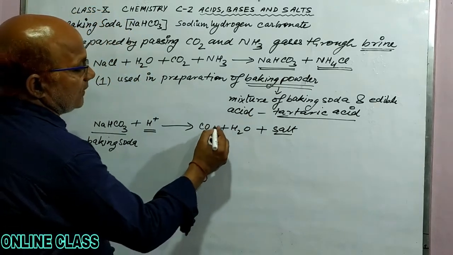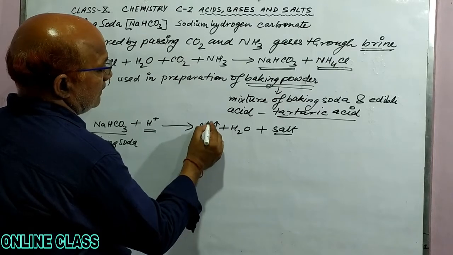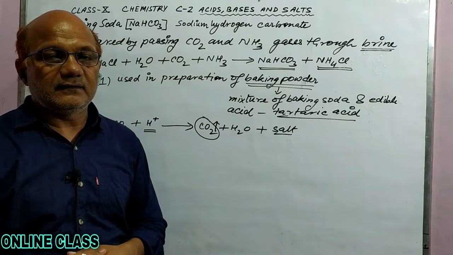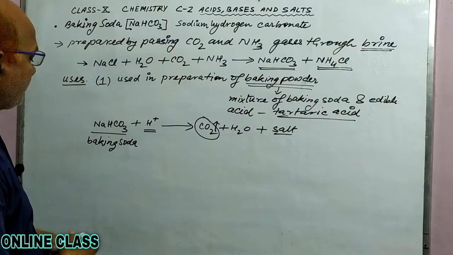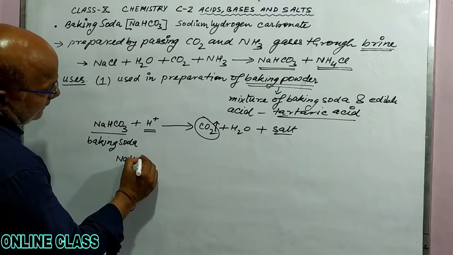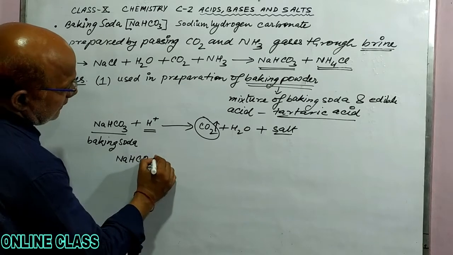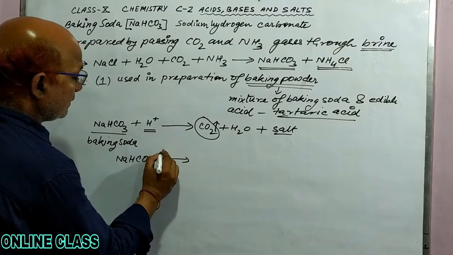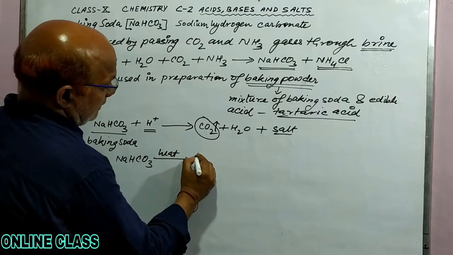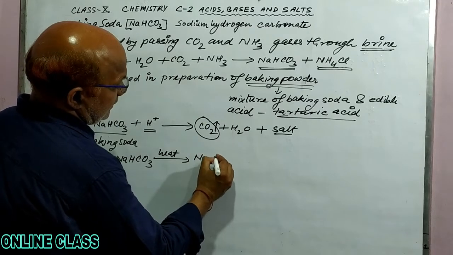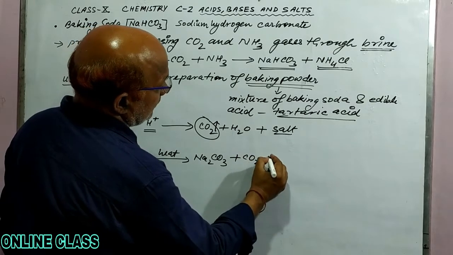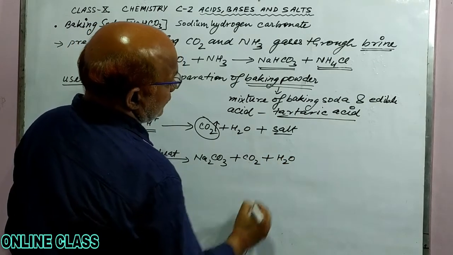Okay. This carbon dioxide gas, when baking soda is heated, then see what happens. NaHCO3, when it is heated, then it forms sodium carbonate plus CO2 plus H2O.